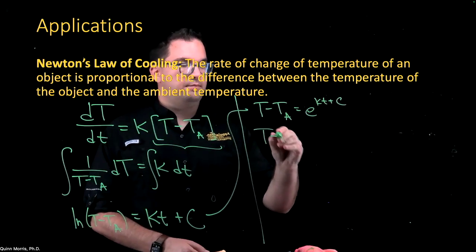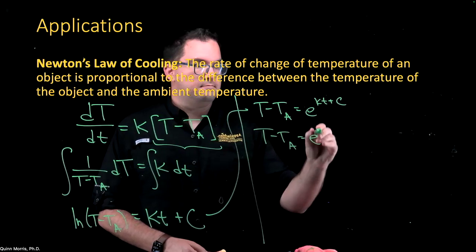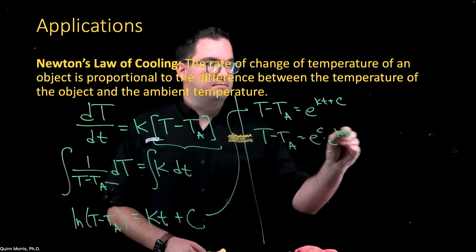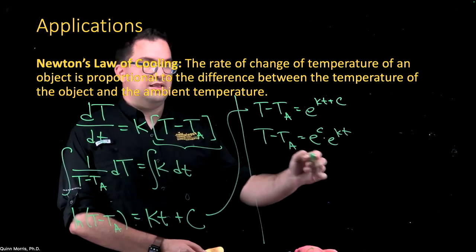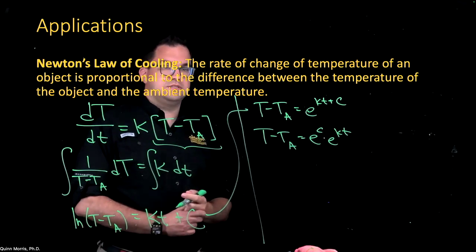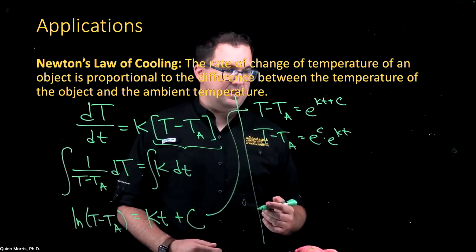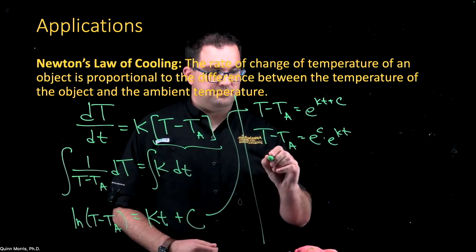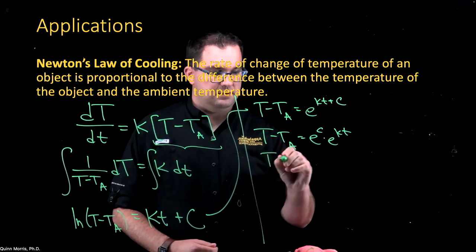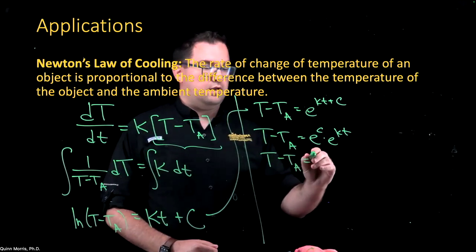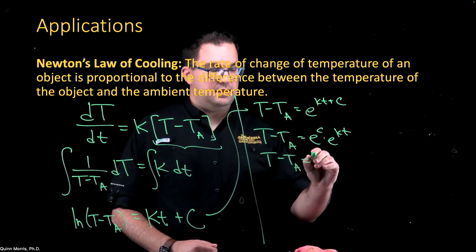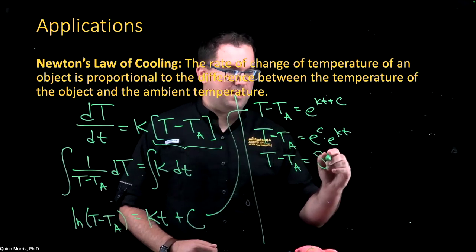And just like before, I can rewrite this in this way, and now I can just relabel this. So T minus T sub A, I'm going to call this for the time being capital S. Doesn't really matter what I call it.